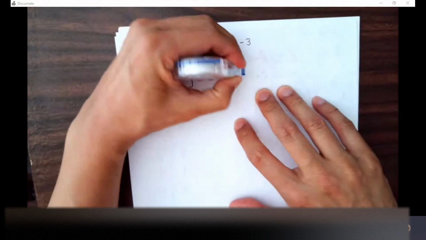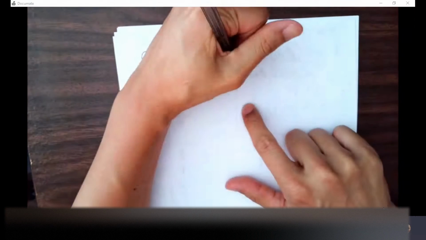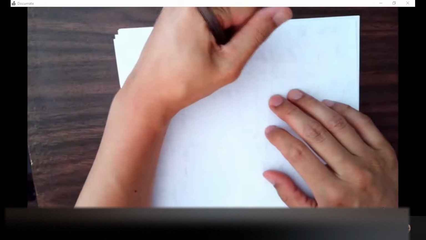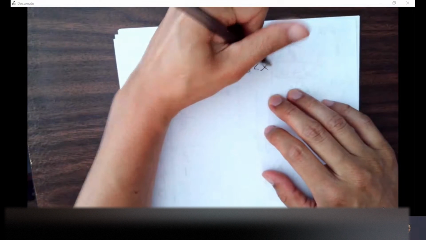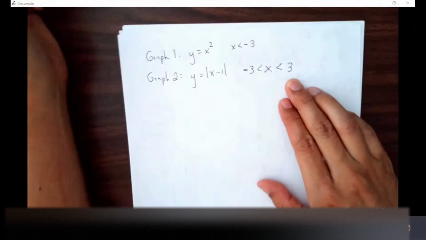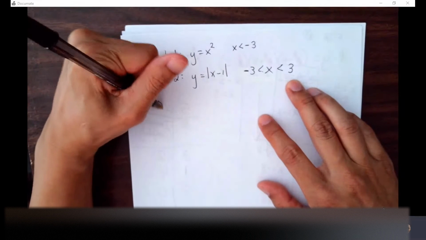Hold on a second. Okay, so let's say x is between -3 and 3. Okay, and then I have one more graph here.